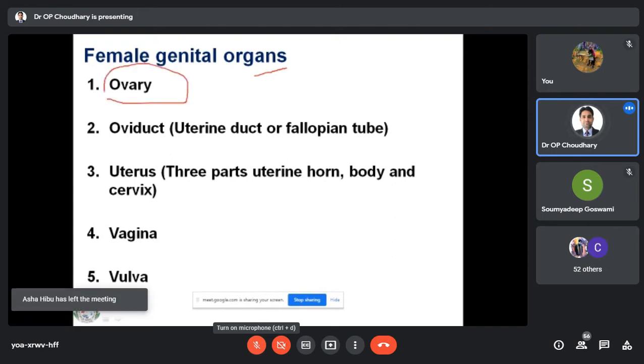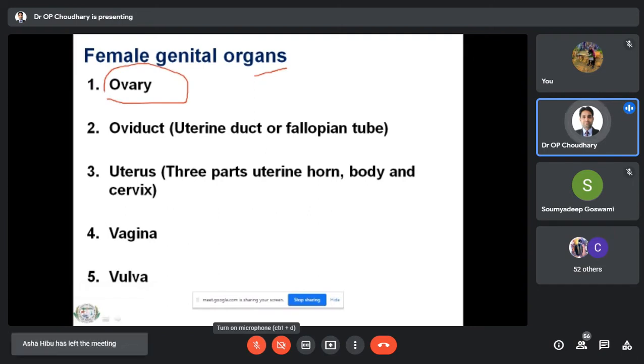Ovary is responsible for production of the ovum by the process of oogenesis. In case of the male, the process was spermatogenesis. Here, this process is called oogenesis. So by the process of oogenesis, there is formation of the ovum from the ovary.